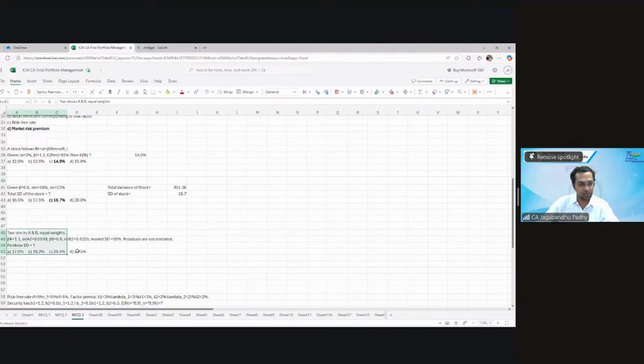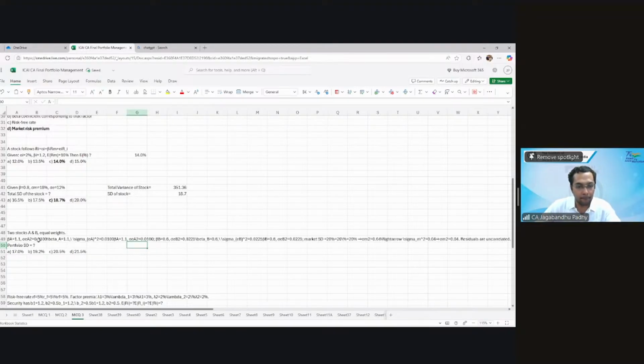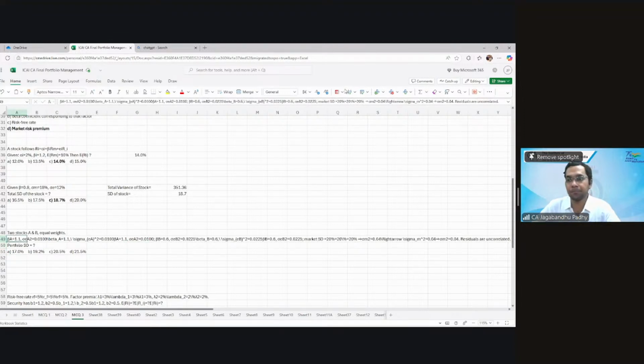We have done a question similar to this in our class. So we have beta of one security, beta of another security, and then we have the market standard deviation as 20%. Residuals are uncorrelated. So what will be the portfolio standard deviation? Assume that it is an equally weighted portfolio.